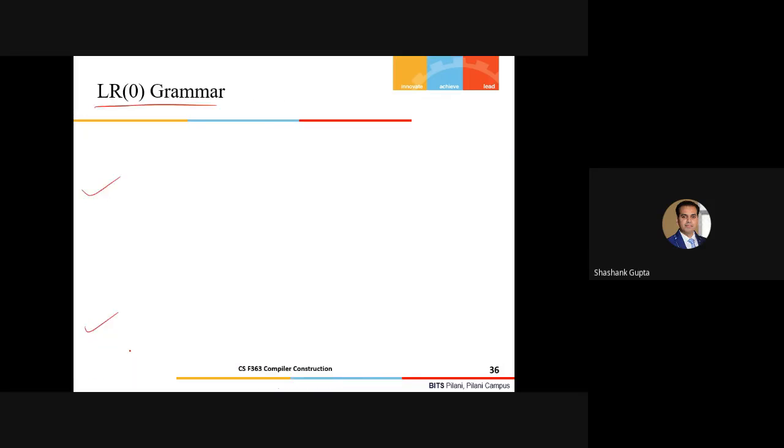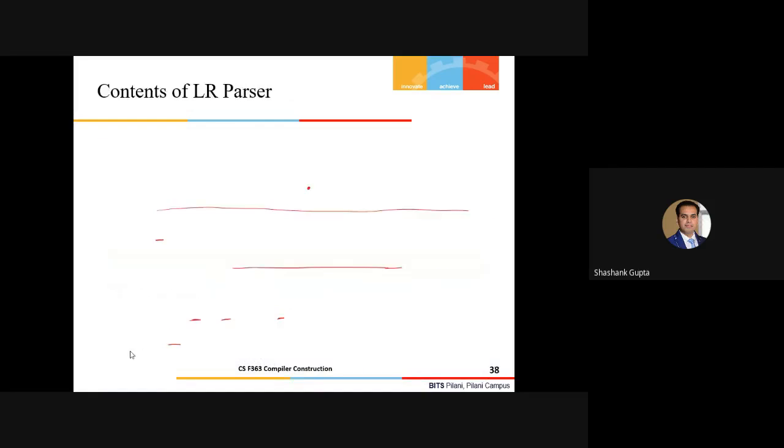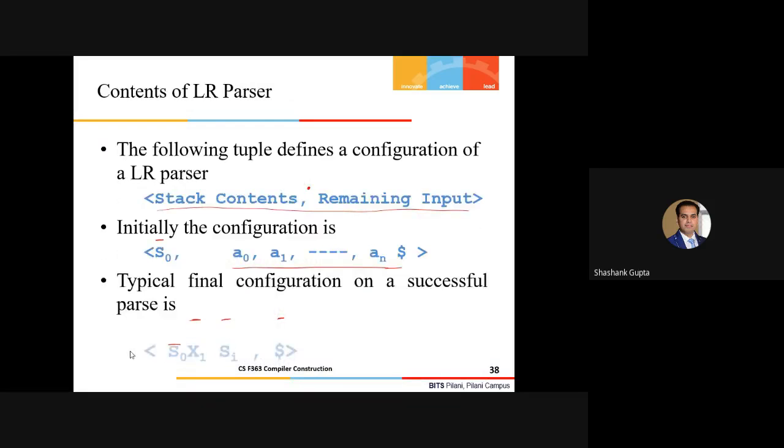That is why we are saying that our final configuration always looks like this. Don't think that your stack is going to be empty this time. Fine, students? We are just trying to formalize things with the help of that example.